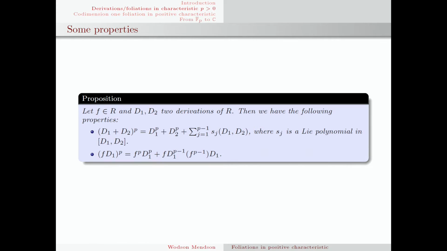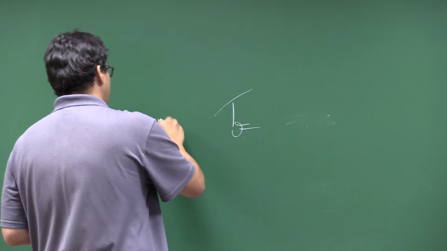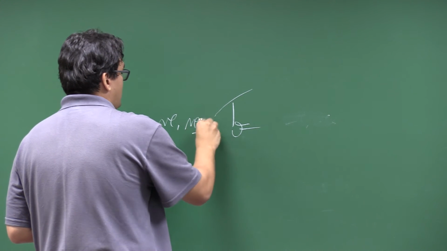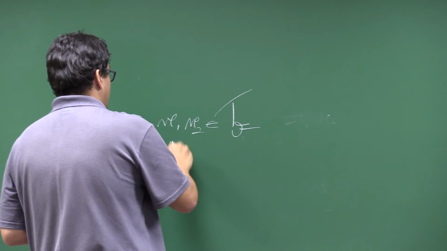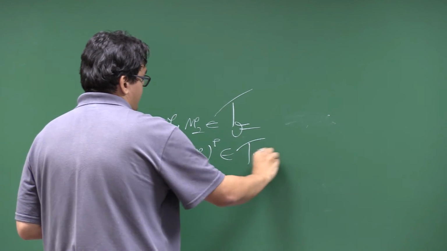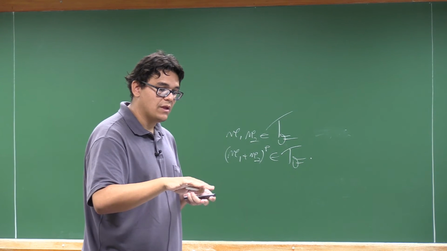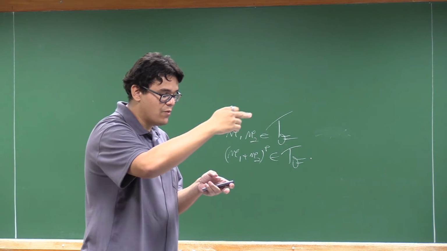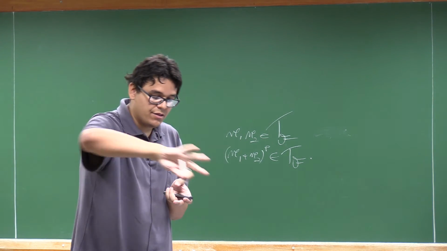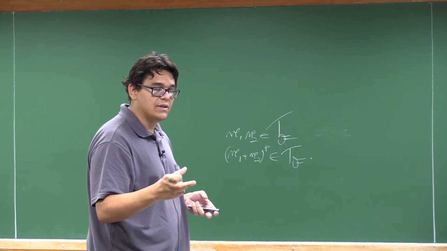The previous formula implies that if you are working with a p-closed foliation and you take V1, V2 here, then V1 plus V2 to the p is inside F. Because we are writing V1 plus V2 to the p as V1^p plus V2^p plus something that is inside the foliation, because the foliation is closed by the Lie brackets.